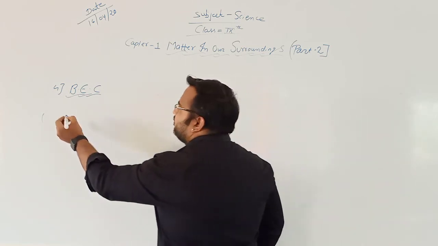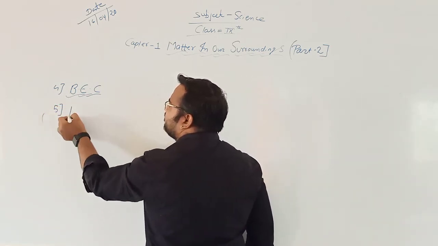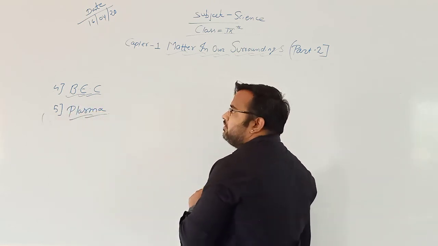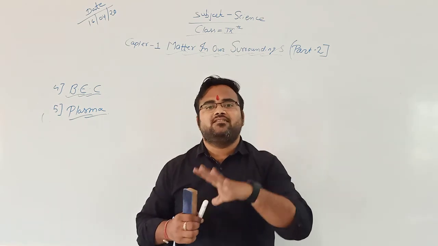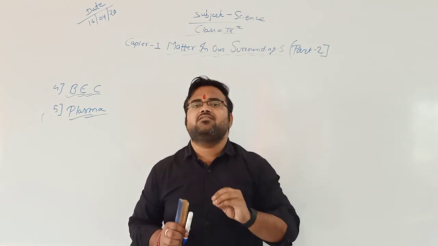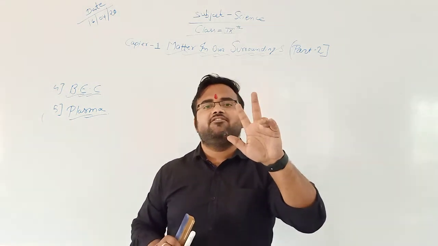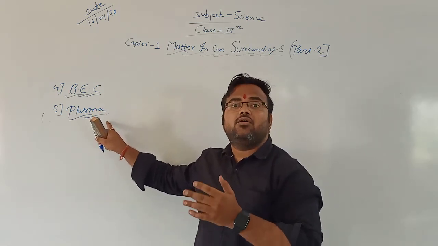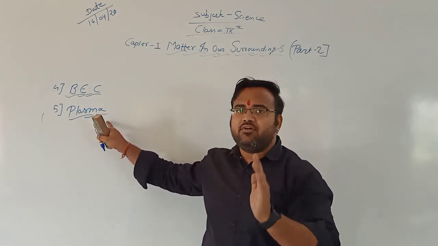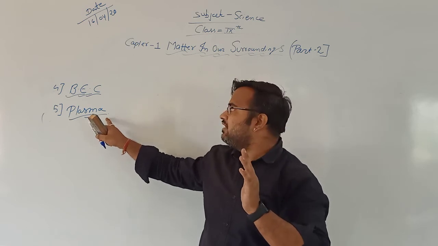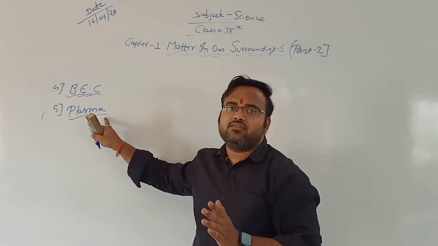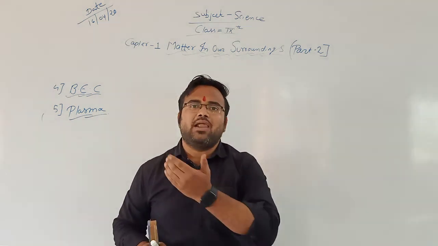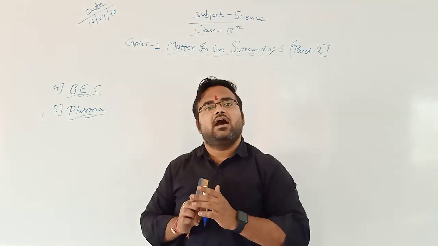And the fifth state is known as plasma state. Among all these five states of matter, that is solid, liquid, gas, Bose-Einstein condensate and plasma, the plasma state is found in the highest amount.